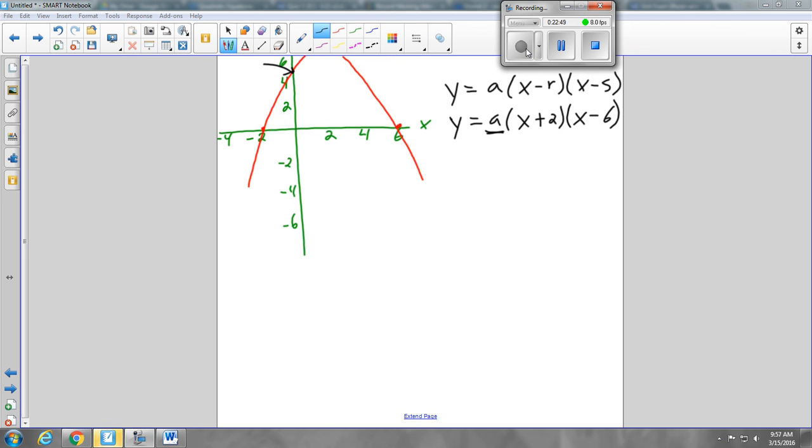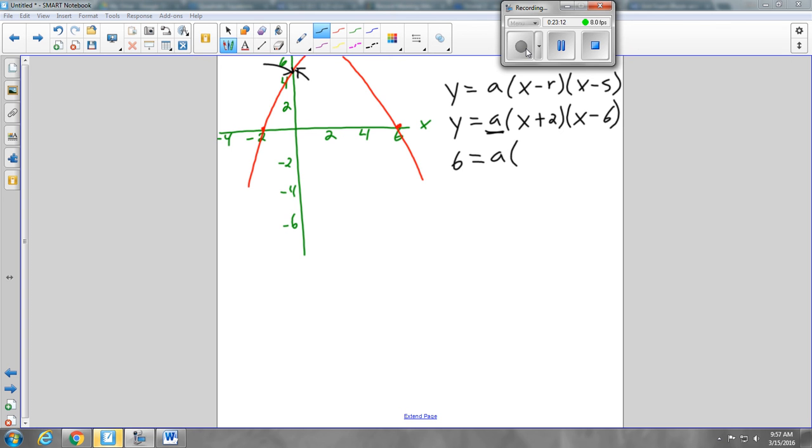We can fill some things in as long as we look at this point where it's crossing at 6. So when it's crossing at 6, I know that y is equal to 6. Instead of a y, I'm going to write 6, because that's the y value right there. We're just looking at that one point where it crosses the y-axis.